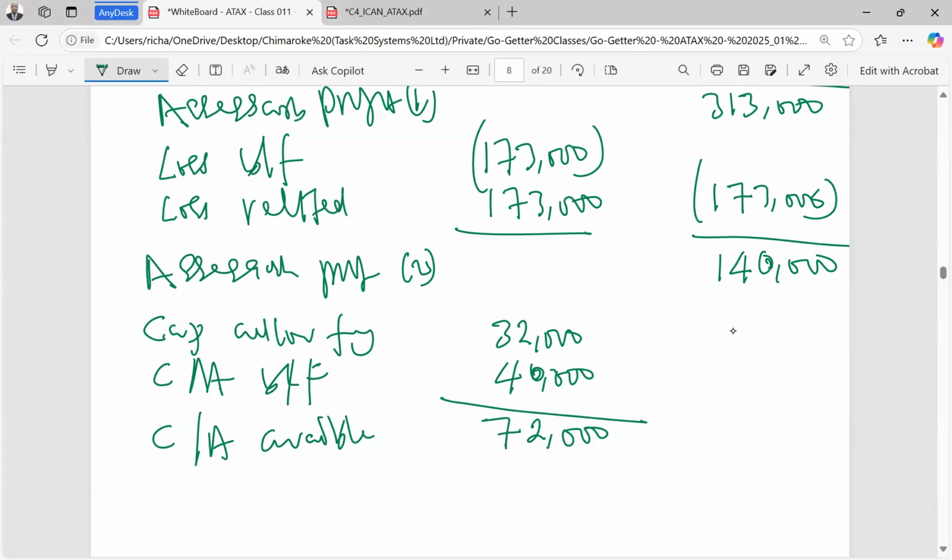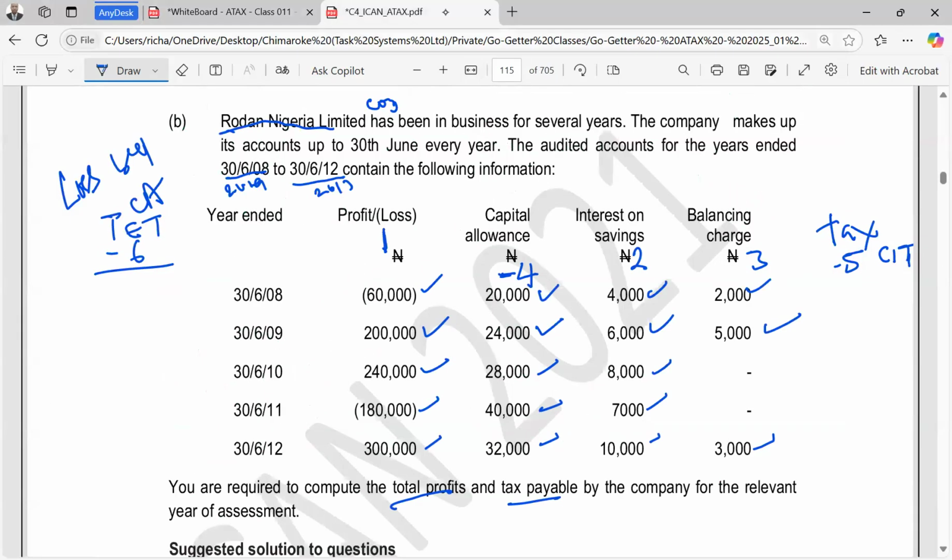Wow. So, assuming this one was 62,000 instead of 32, I want to do something here. Let's change this from 32 to 62,000.